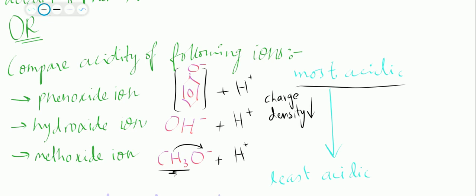So that means there is going to be a very high charge density on this oxygen. So the charge density over here is going to increase, which means that the hydrogen and the methoxide ion are going to be attracted to each other. So the degree of dissociation is going to be less. That's why it's going to be least acidic.